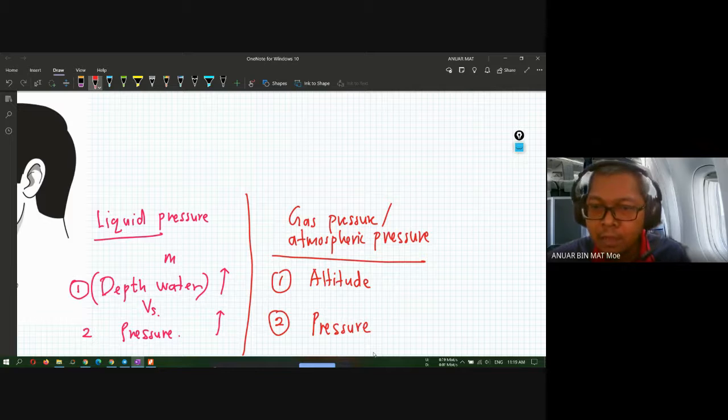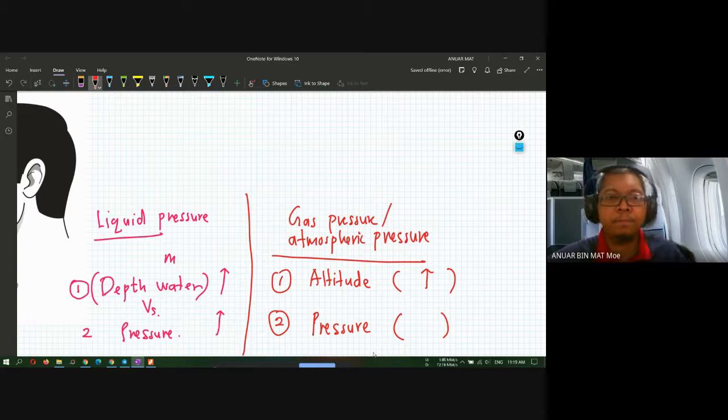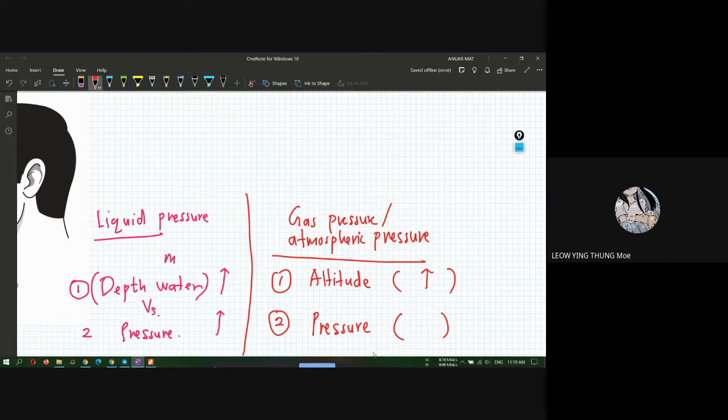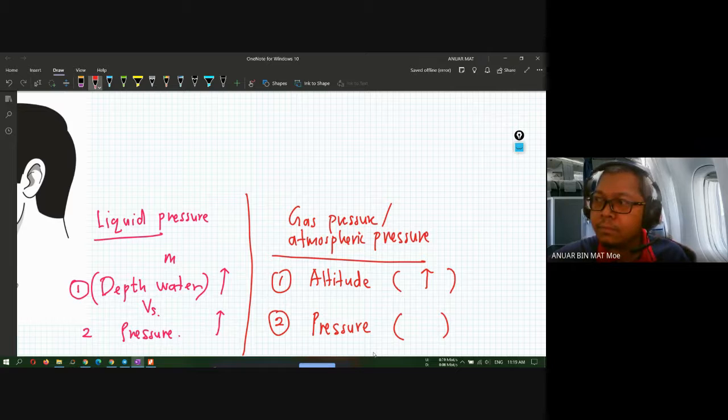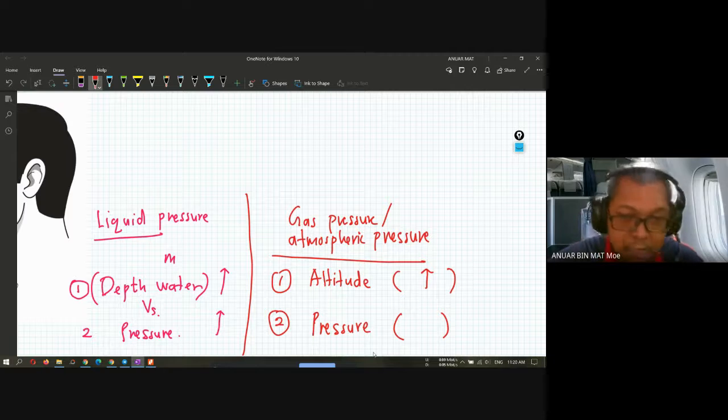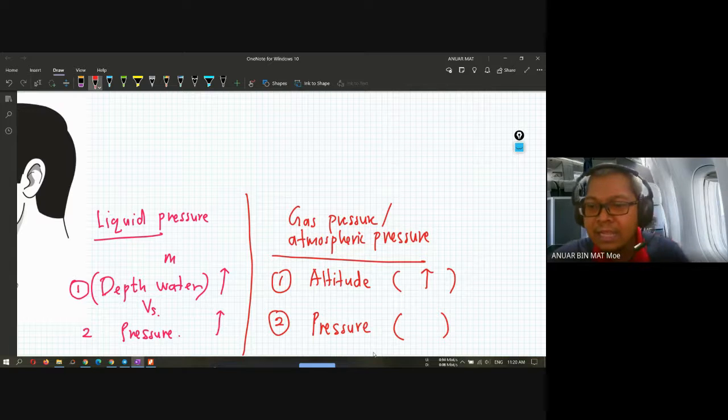Okay, if the altitude increases, what happens to the pressure? What happens to the air pressure? Decrease or increase? I can't hear you clearly. Decrease. Okay, very good. Thank you very much.